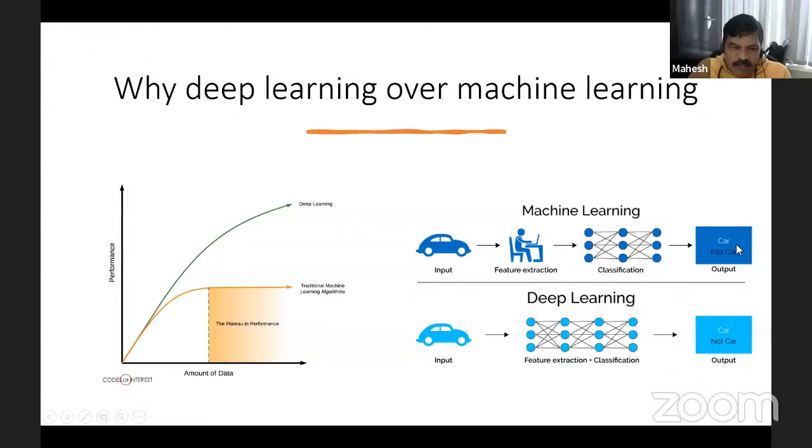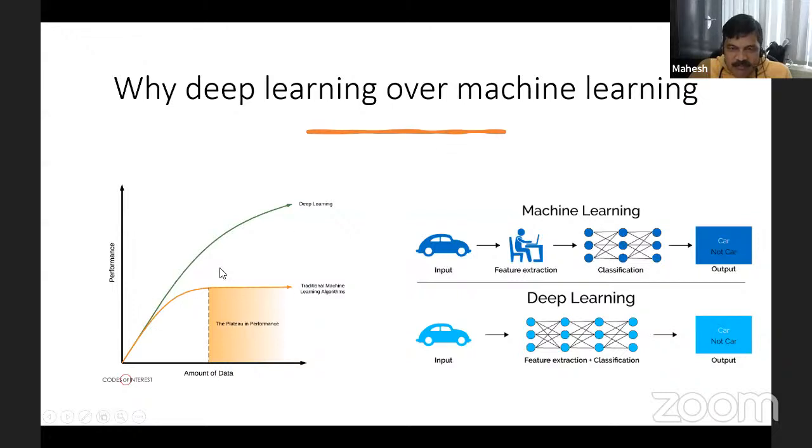If the amount of data is small, in that case the performance of machine learning is most of the time better, or we will not get any advantage of deep learning. But if the amount of data is more, then you can see there's a drastic improvement in the performance. In traditional machine learning, you can see there's a plateau, which means performance is saturated.